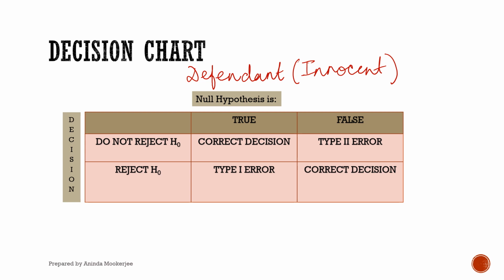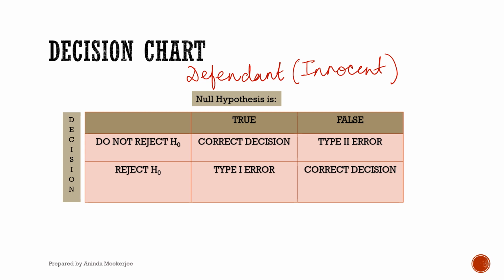So let's say the defendant is really innocent, and we pronounce him innocent, that means we do not sentence him or claim him or her to be guilty, then we have taken the correct decision, right? An innocent person should not be pronounced guilty. We do not reject the null hypothesis in a case of hypothesis testing, and we've taken the correct decision.